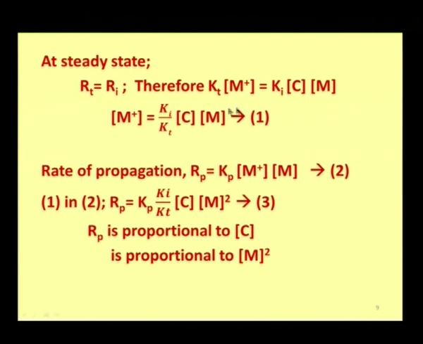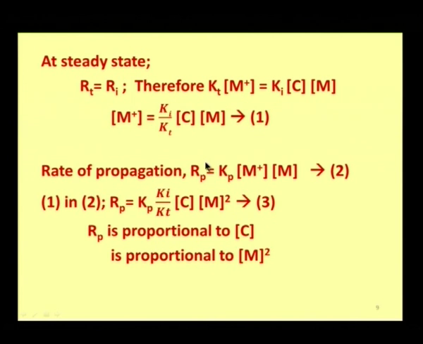And from this equation we can rewrite the relation as M plus concentration is equal to Ki by Kt multiplied by the concentration of the catalyst and the initial concentration of the monomer, which is known to the person doing the reaction.